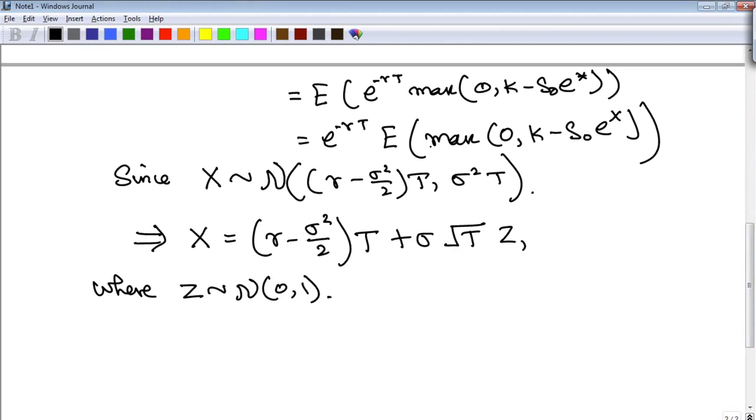Now let us see when this maximum is achieved and try to write this condition in a simpler form.